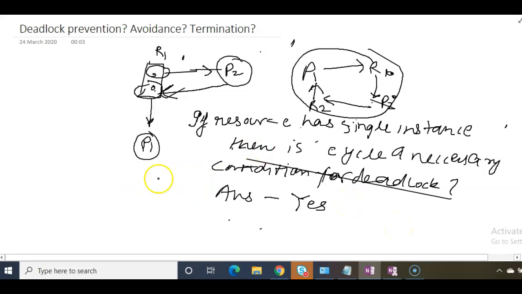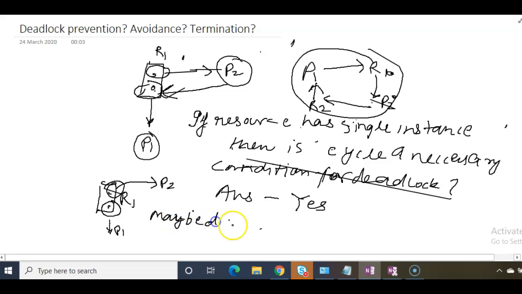But if multiple instances of R1 are there, let's say this instance is allocated to process P1, but this instance is free. In this case, we can allocate this instance to P2 also. In this case, it may be a deadlock, but not always a deadlock.